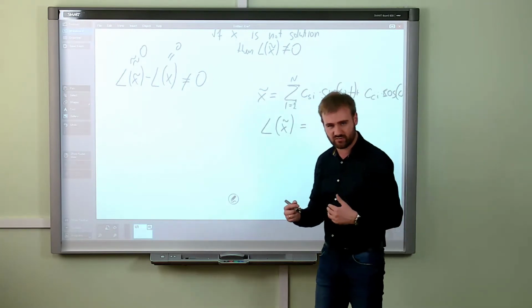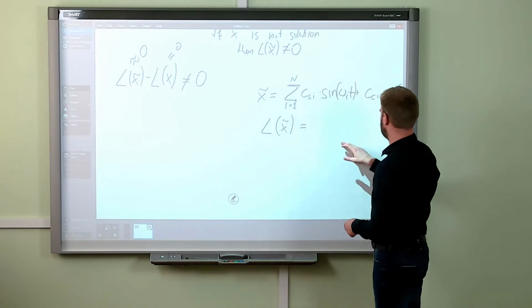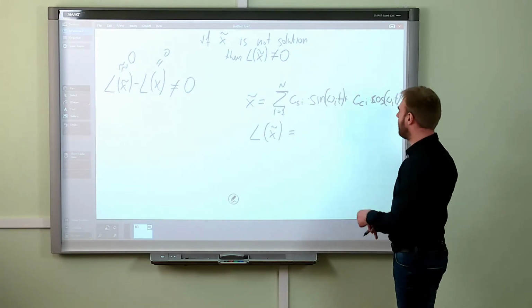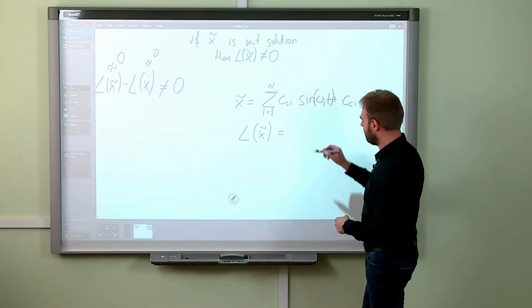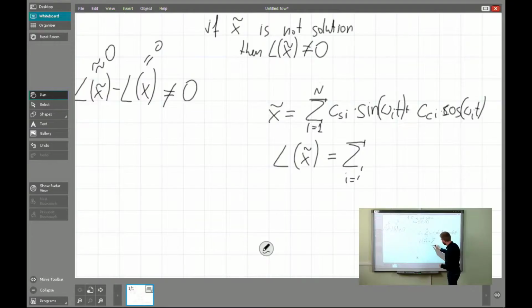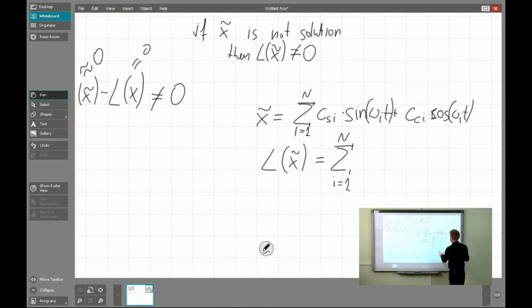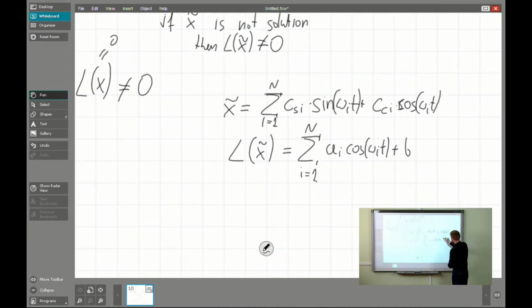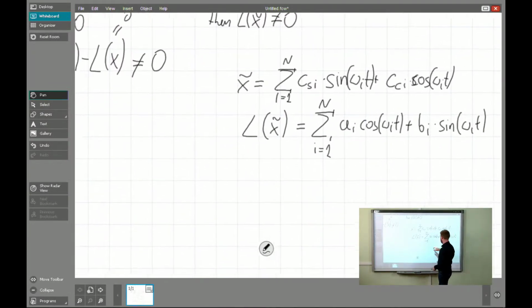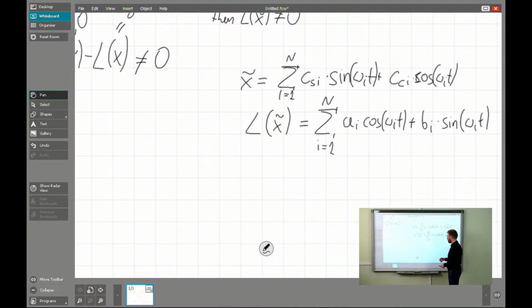Of course, the coefficients will be different, but the form will be almost exactly the same. I mean, it will be given by the form of the Fourier series. It means it will be given, for example, by a_i times cosine omega_i t plus b_i times sine omega_i t, which is similar to the form of the Fourier series.